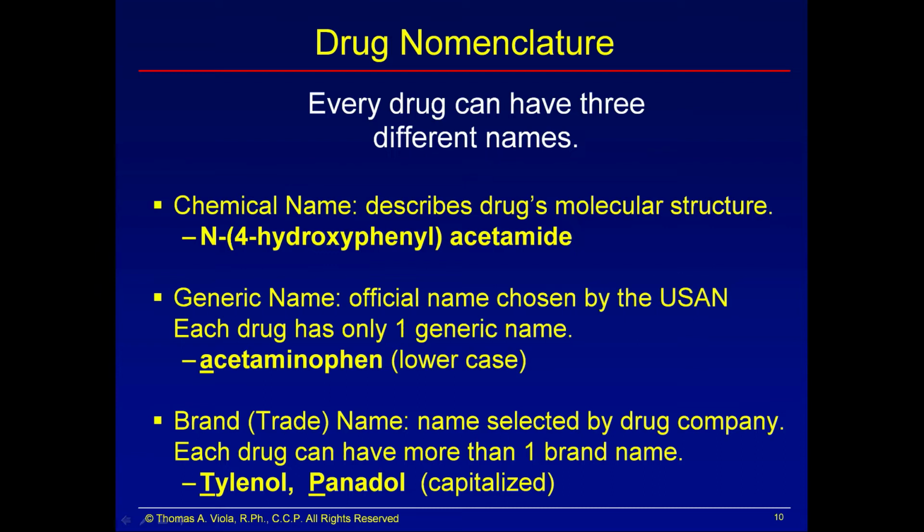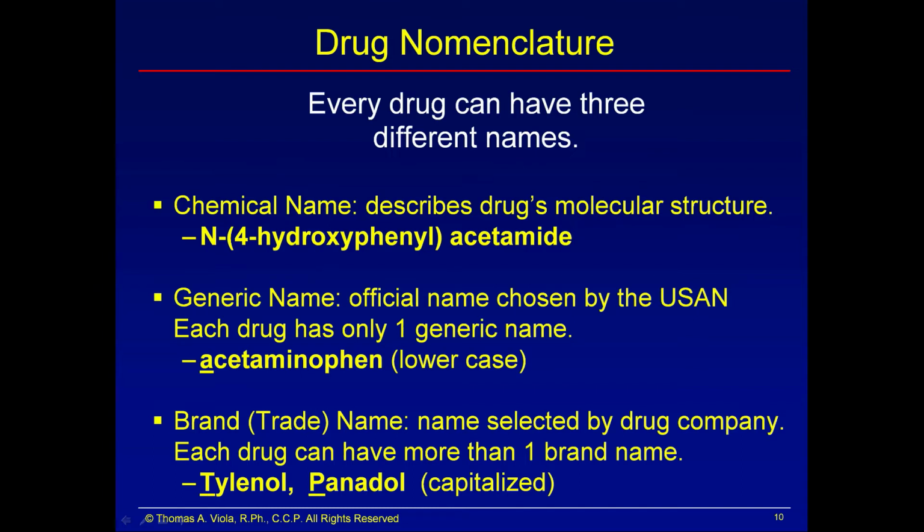A lot of people use the brand name, though. It's just easier to say, it's more recognizable. Tylenol, you say. Now, the brand name is not selected by anyone but the company that makes the drug. Once a company invents a drug and gets FDA approval, they have exclusive rights to marketing for some years. And that gives them the right to come up with their own name to market the drug under. In this case, Tylenol.